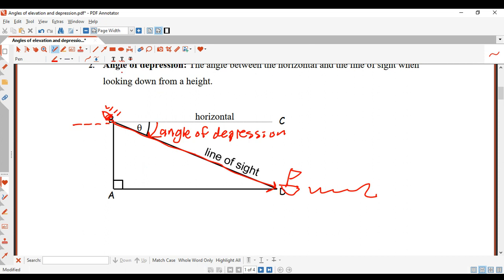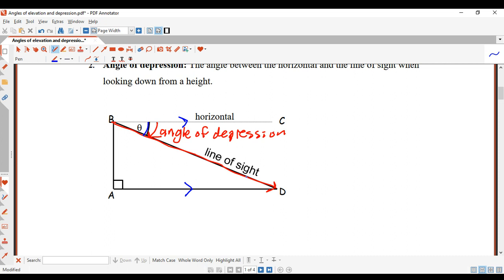So I'll get rid of my sketches there so you can see all the letters. Okay, so now this line here is parallel to this line here. And that means we have a pair of alternate angles which are equal.